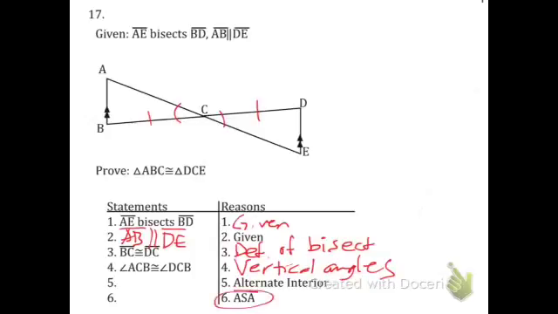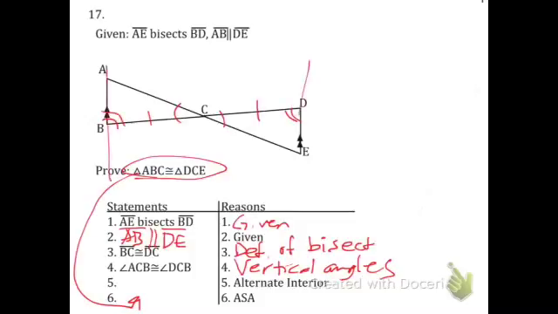And here we're trying to end up with angle side angle, by the way. And that's our last congruent statement. So we need to select the correct alternate interior angles. If we're looking for angle side angle, we need these two guys to be congruent.